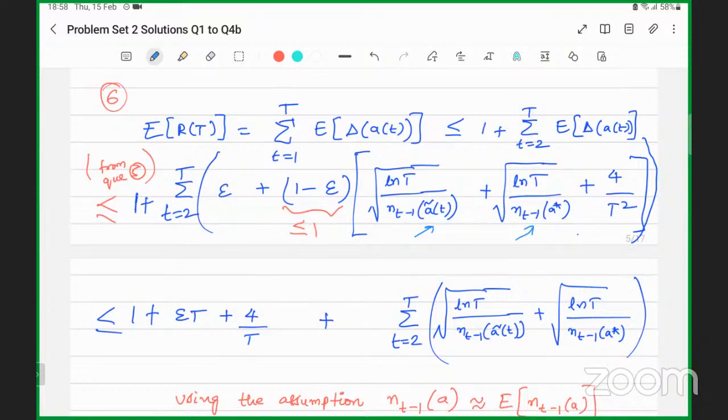Because if C can be a function of T, what is stopping me from taking C equal to T? The regret is less than or equal to T, right? So why should I do any analysis there? If it should not depend on T, and if you want to use log T, then it's again a function of T, right?